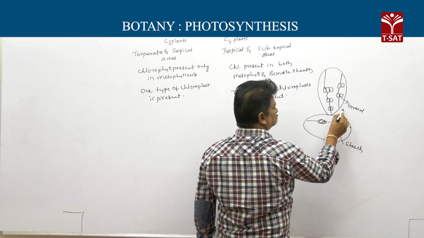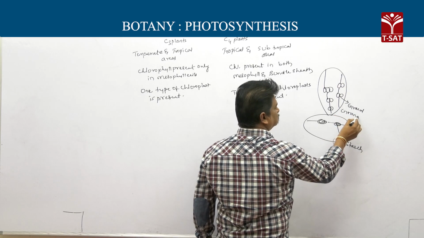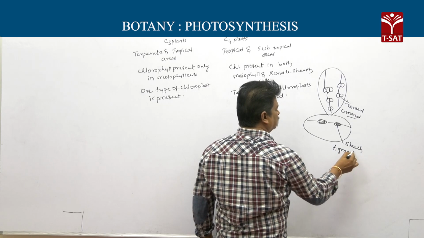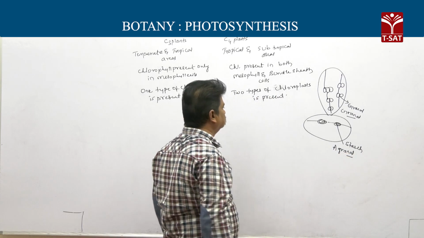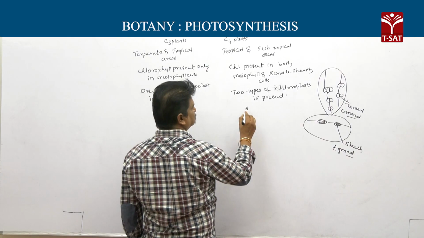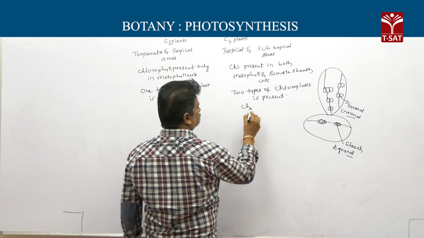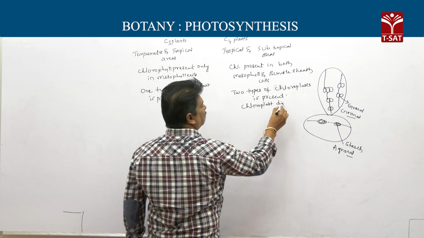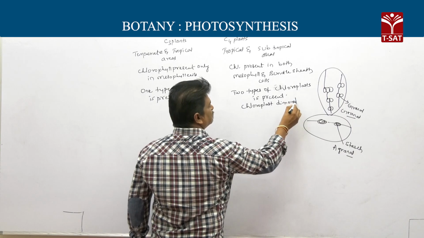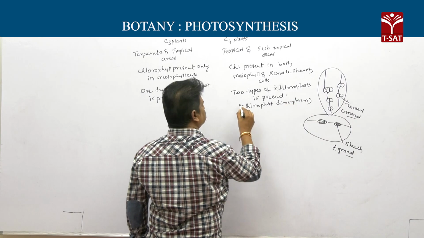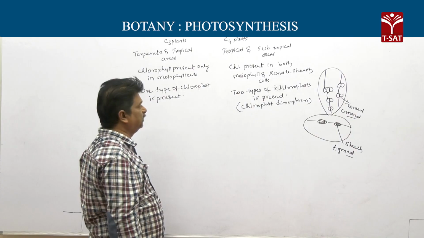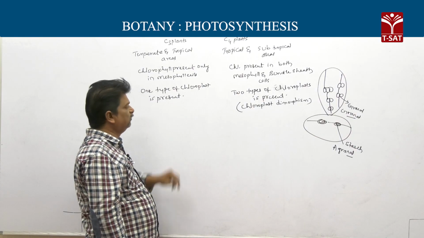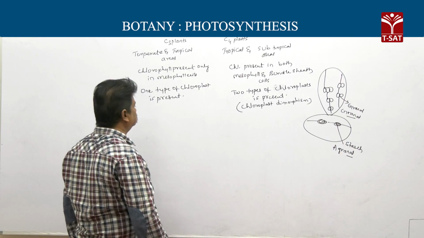So mesophyll chloroplast is called granal, and bundle sheath chloroplast is called agranal. So, rightly it is called chloroplast dimorphism, exhibited by C4 plants. C3 plants, only one type of chloroplast present.